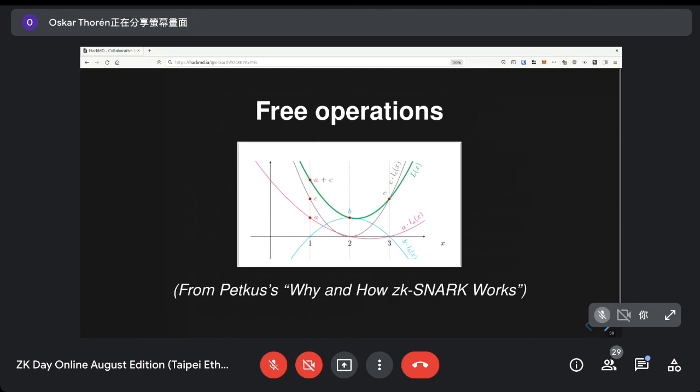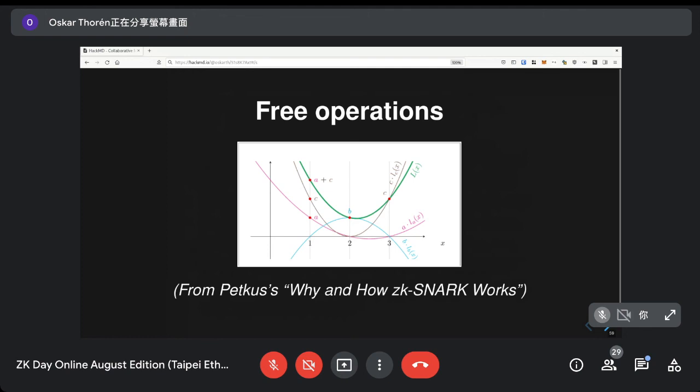So here you have this L of x polynomial, the big green line, that's composed of three curves, where a times L_a of x, that polynomial is a at x equals 1, and then 0 at x equals 2 and x equals 3. So it means that we can scale by some constant.